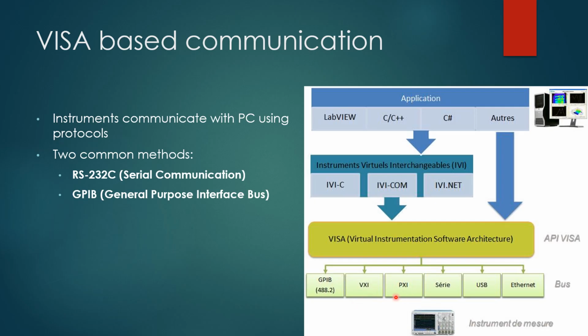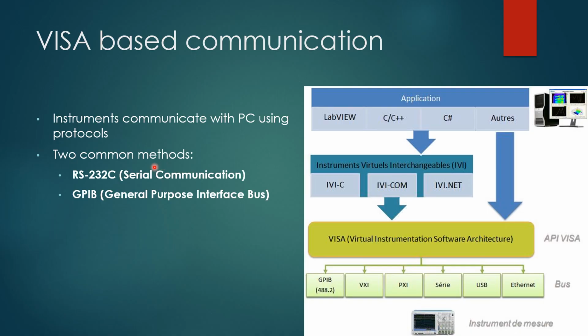Similarly, we have PXI and VXI cards available. Along with that, USB and Ethernet communications are also available. So an instrument which is showing real world data can be interfaced to the PC through this VISA architecture.